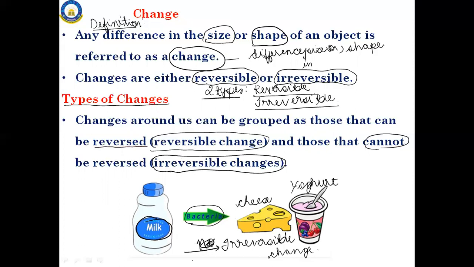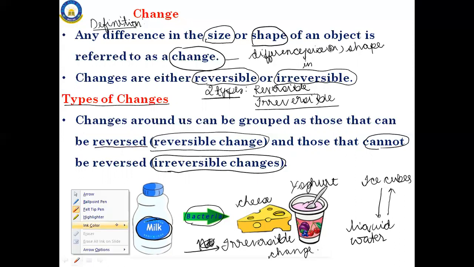Here is one example that is given. Now I'm taking ice cubes, and these ice cubes can be converted into liquid water, and again liquid water can be converted into ice cubes. So what kind of change is it? This kind of change we call reversible change. Why?